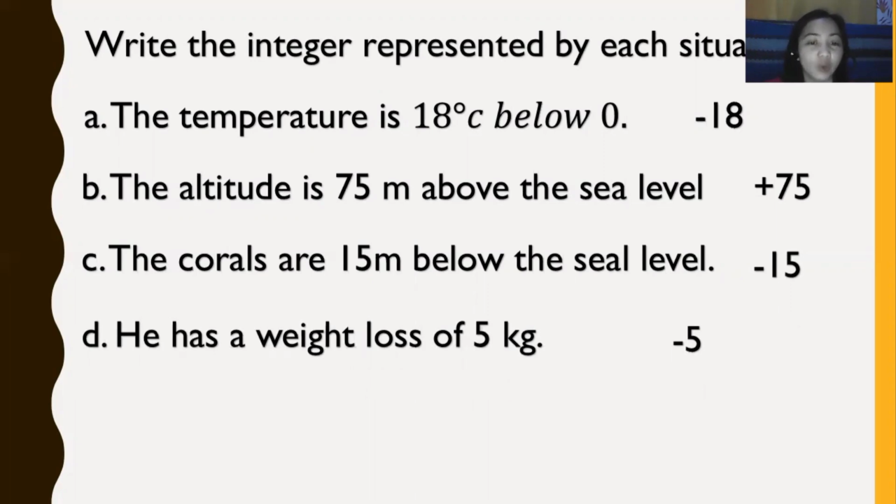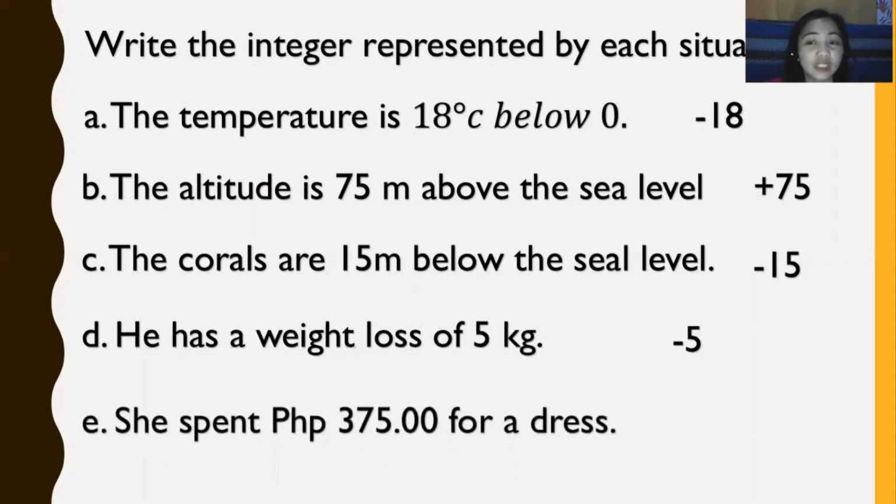Here we have the word loss. And letter E, she spent 375 pesos for a dress. So spent means negative numbers, and that is negative 375. So these are some of the situations where we can represent these situation using integers, positive numbers and negative numbers.